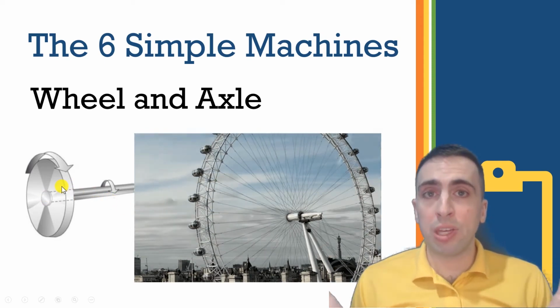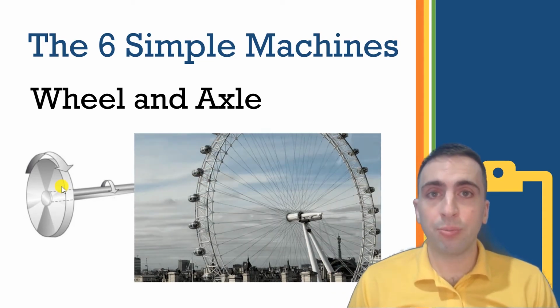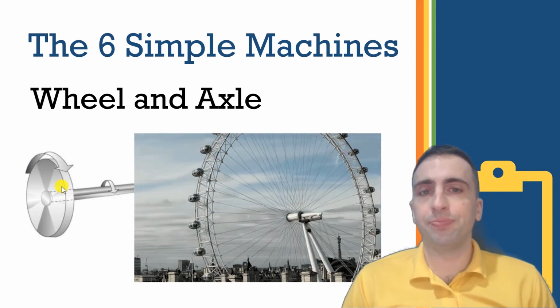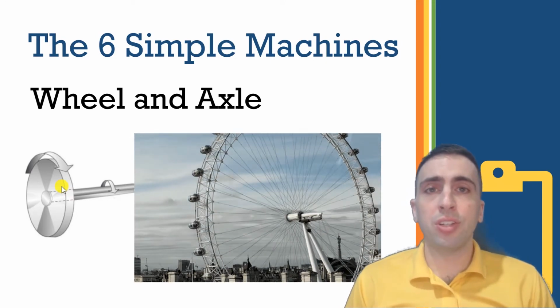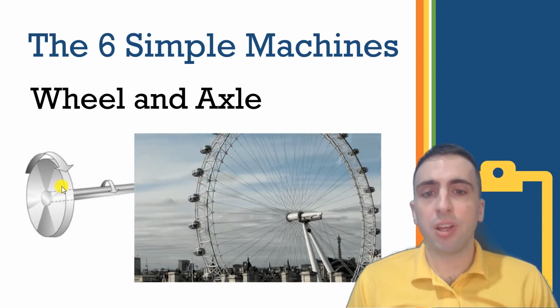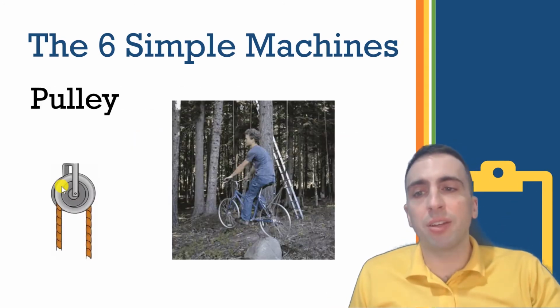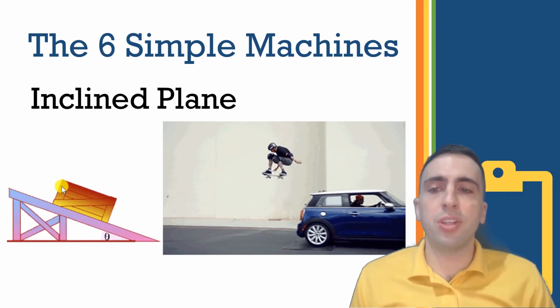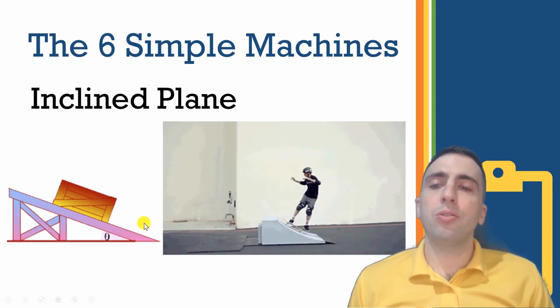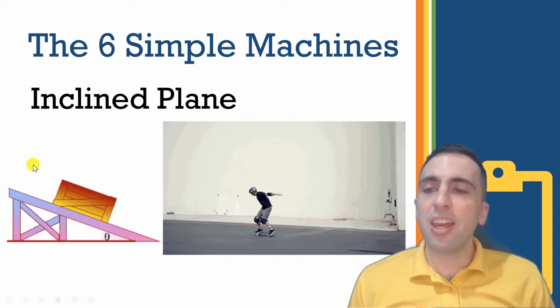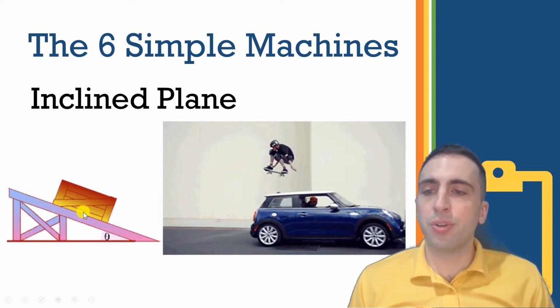What does the wheel and axle do? It reduces friction. If we want to push something, if we go back to this box, if we want to push something up an inclined plane, it's kind of hard to push it up, right?